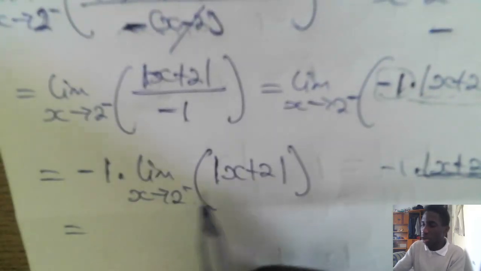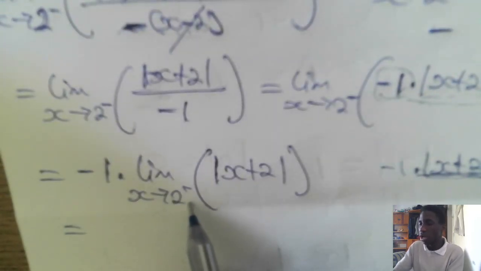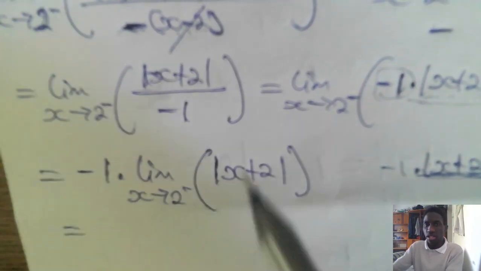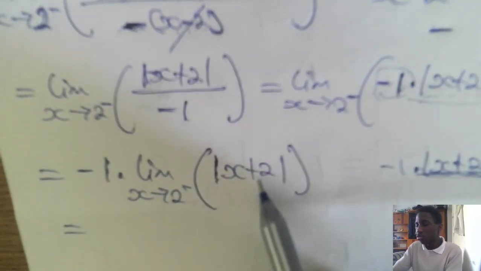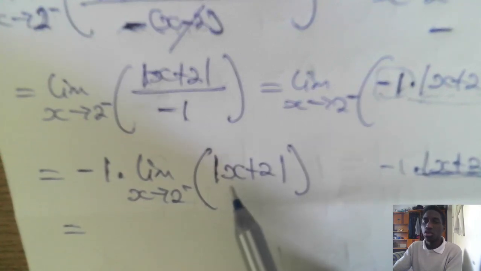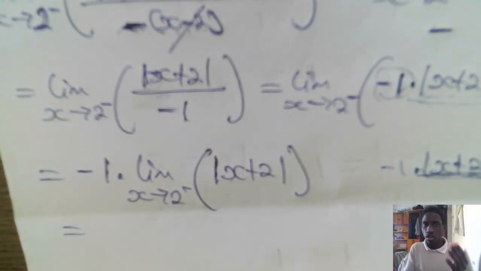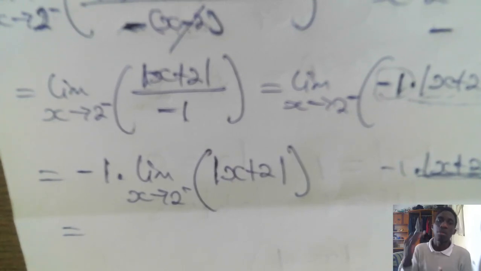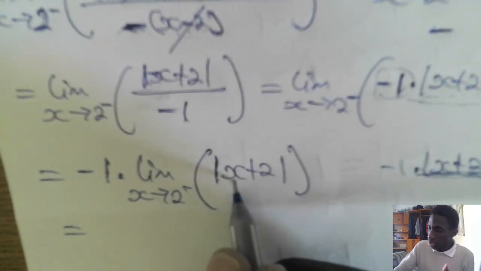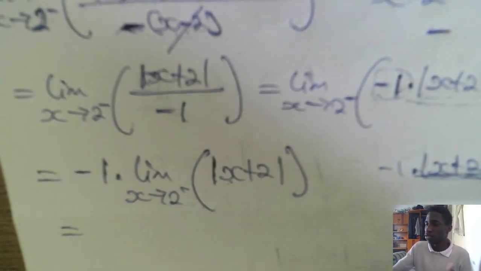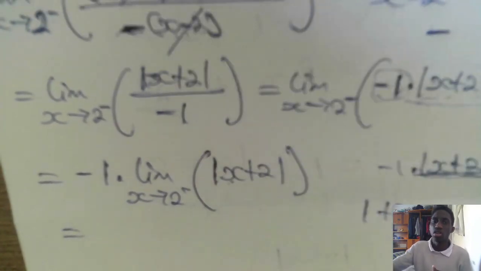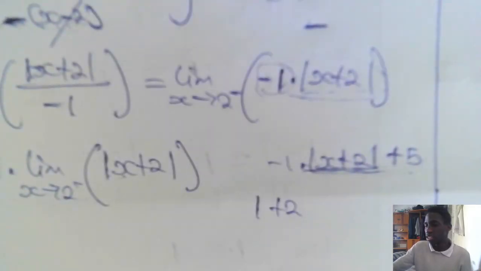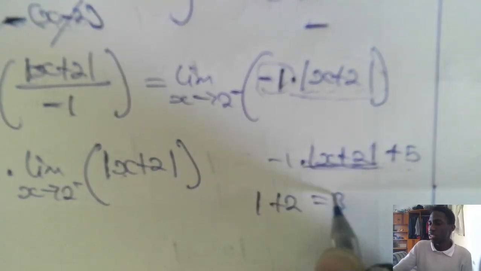So now, when I approach 2 from the left, you have to have this reasoning: I'm approaching 2, but from the left. That means I'm using numbers that are less than 2, like 1 for instance. If I have 1 plus 2, that's x plus 2, so 1 plus 2 is 3.